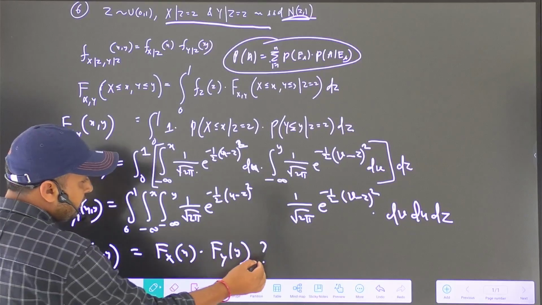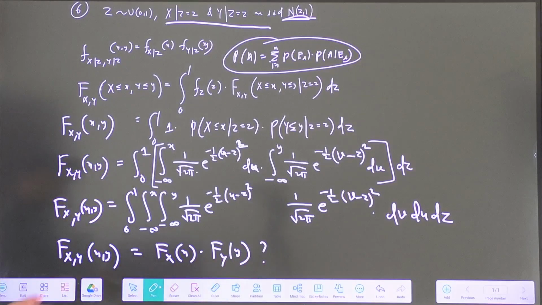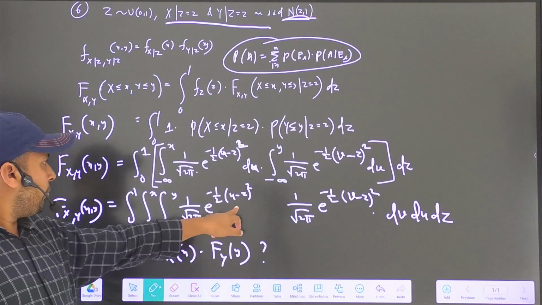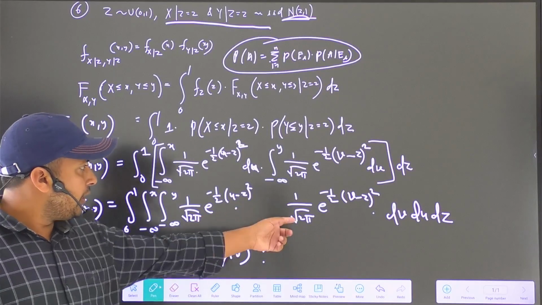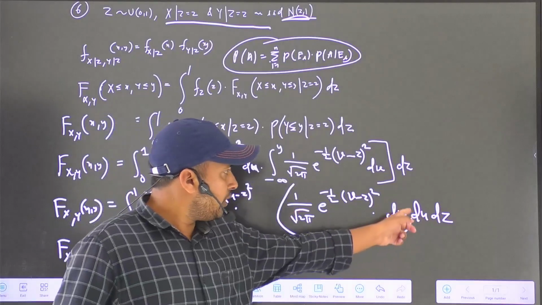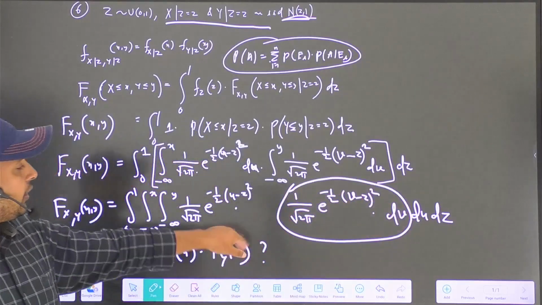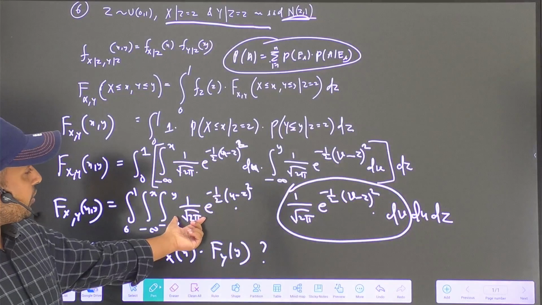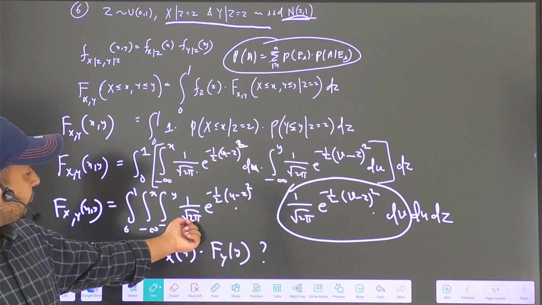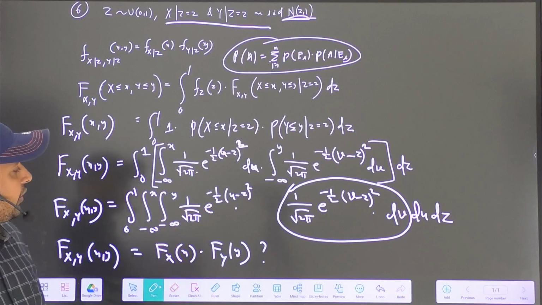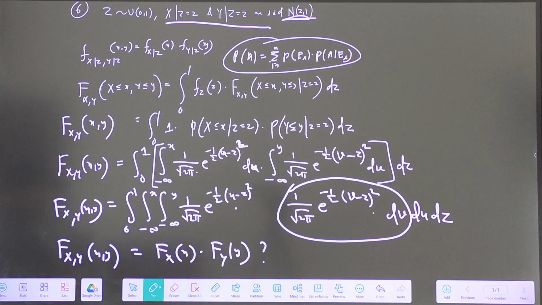After integrating, do you think x will be separated and y will be separate? Here z is involved. You will integrate this first with respect to v, and then with respect to u. Z will be left. Then do you think this will come like this?